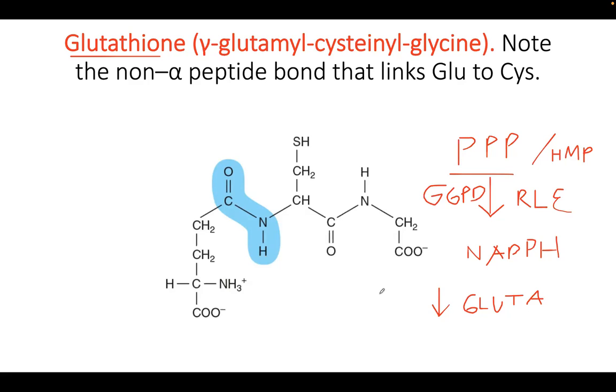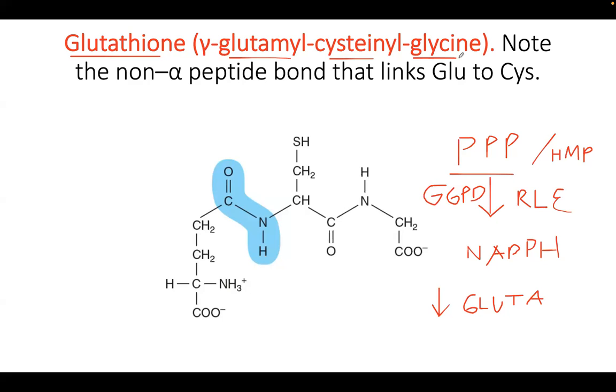Now, the amino acid sequence of glutathione is gamma-glutamyl cysteinyl glycine. Therefore, if I were to ask you in an exam what the three amino acids are which comprise the structure of glutathione, what would they be?